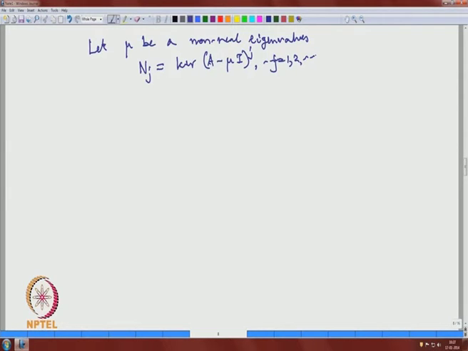Now you just consider the real and imaginary parts of vectors in these Nj's.